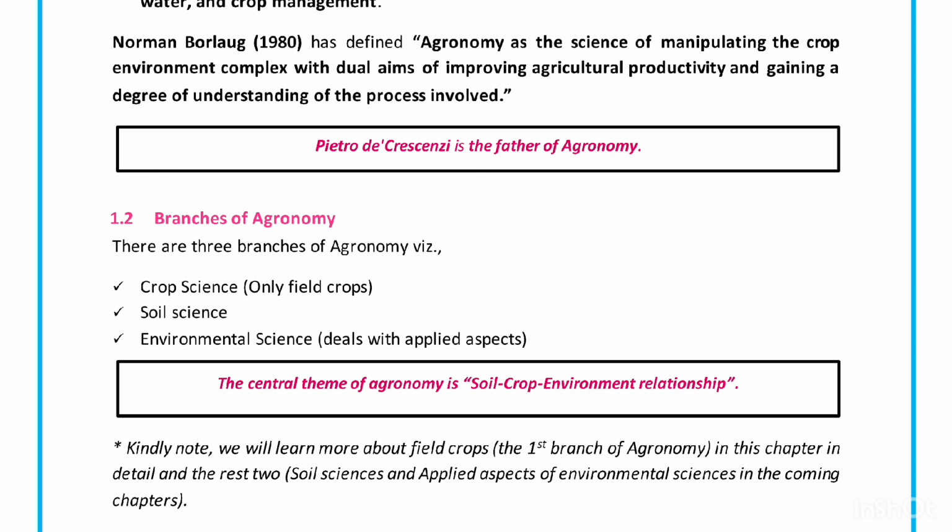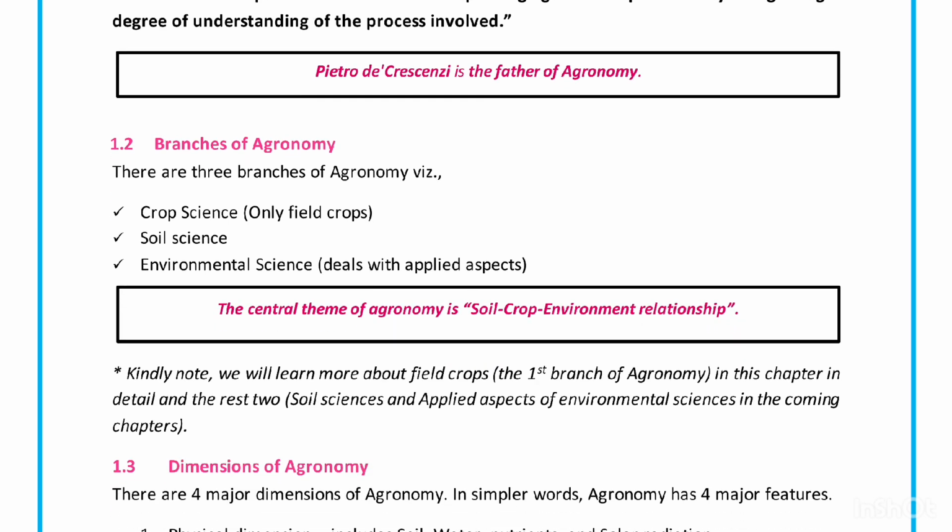Provide irrigation, knowing what time to provide irrigation, what time to provide fertilizer, and what time to provide chemicals to save the crops from disease and insects; that makes field management. All these things are dealt with under this branch of agriculture, that is agronomy. So now I hope the definition of agronomy is clear to you, and what all we are going to deal with under agronomy is clear.